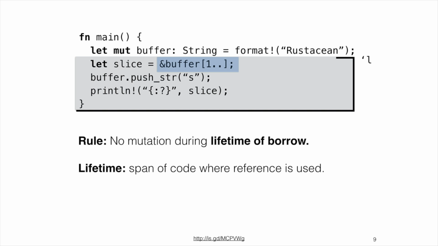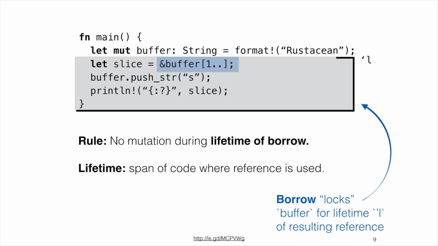A lifetime is a name that begins with a tick. Right? So here we'll just call it tick L just for having a name to use. And then we look and we say, during this lifetime tick L, the original variable buffer is locked. Right? So it's got a read lock, essentially. That means no one can write to it. So that's exactly why when we see this call to buffer.push_str, which occurs in the middle of that lifetime, we can call it an error.